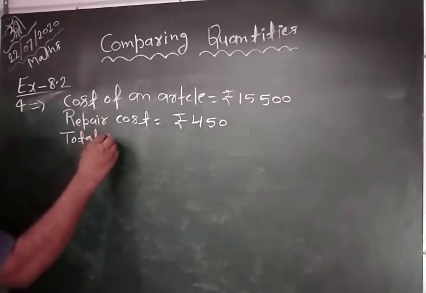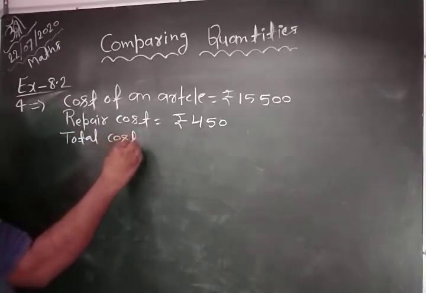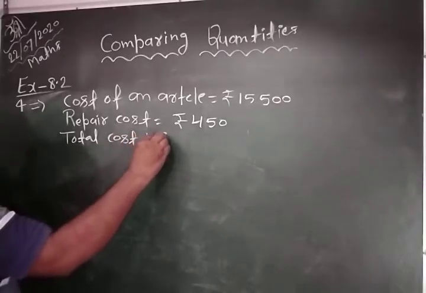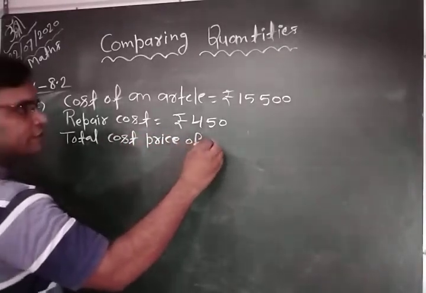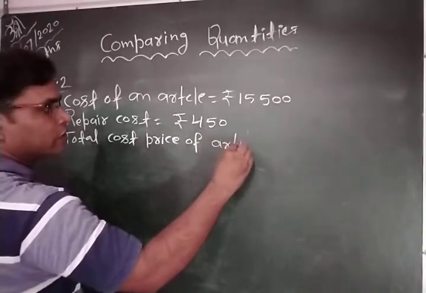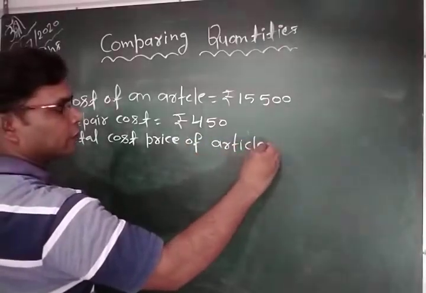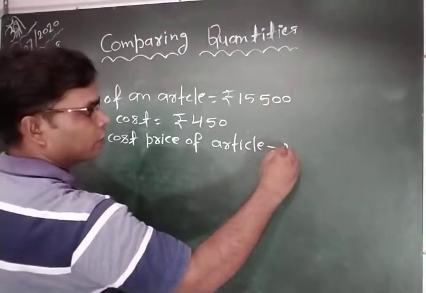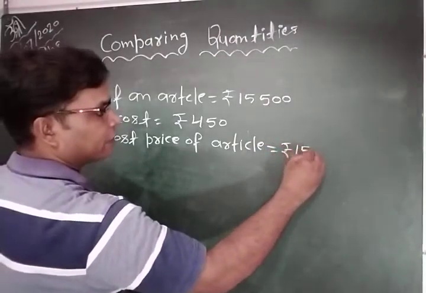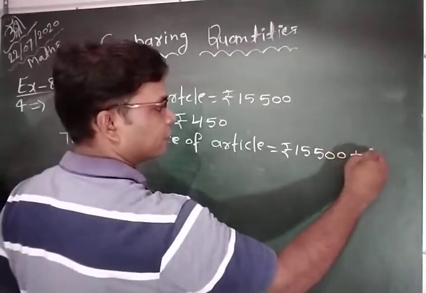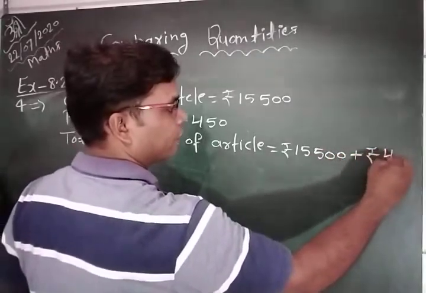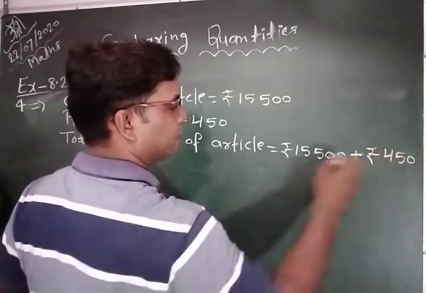Now we find the total cost price of the article. Total cost price of the article is equal to rupees 15,500 plus rupees 450.